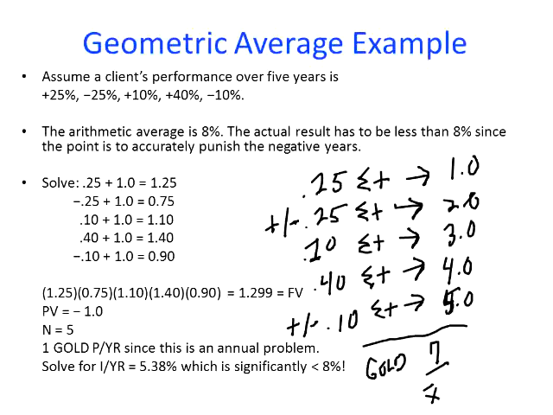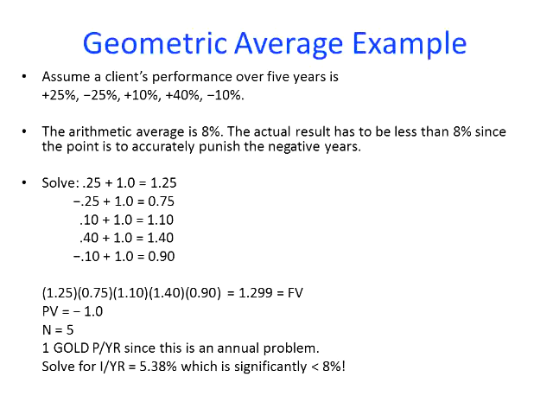All right. Now, let me erase what I just did there, and come back and look at this method of doing the geometric average using the method that was discussed, which is take the 1, add it to the return.